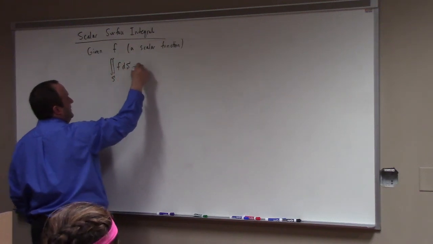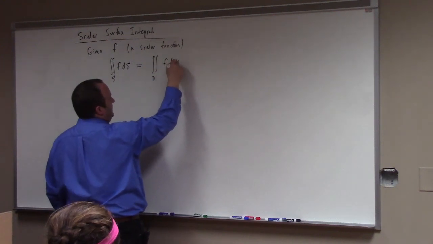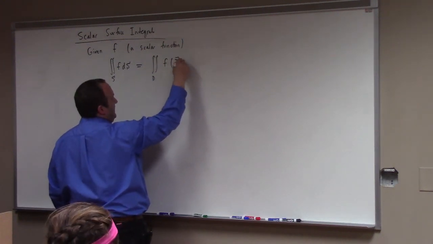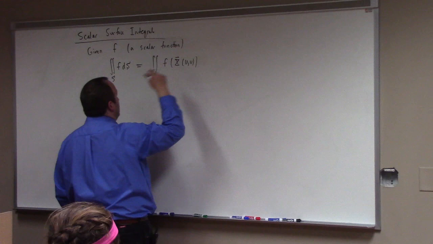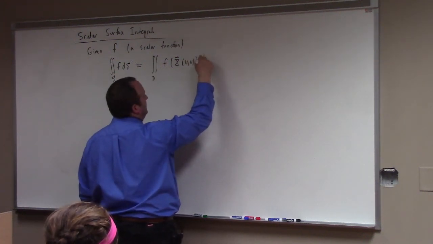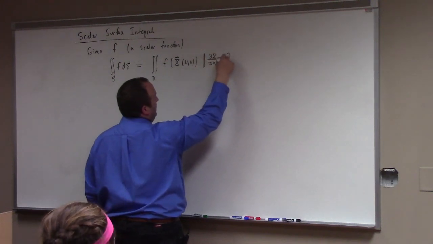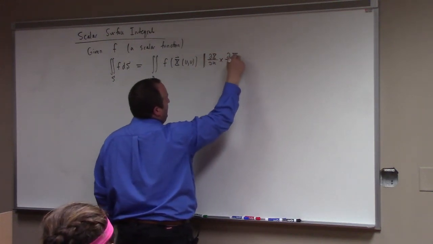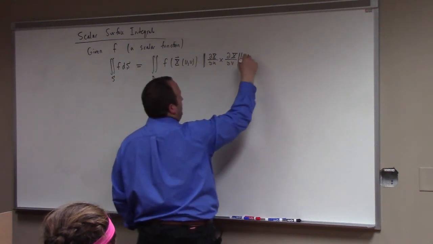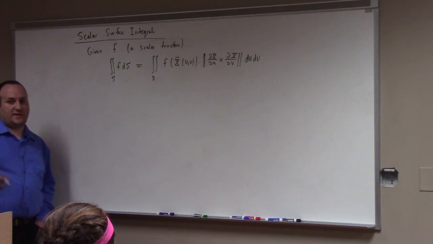And I define that as the integral over the domain of the parameterization. You take your function, you shove the parameterization into the function, and then you multiply by dS, dS being the norm of partial x partial u cross partial x partial v du dv. So this is the so-called scalar surface integral.